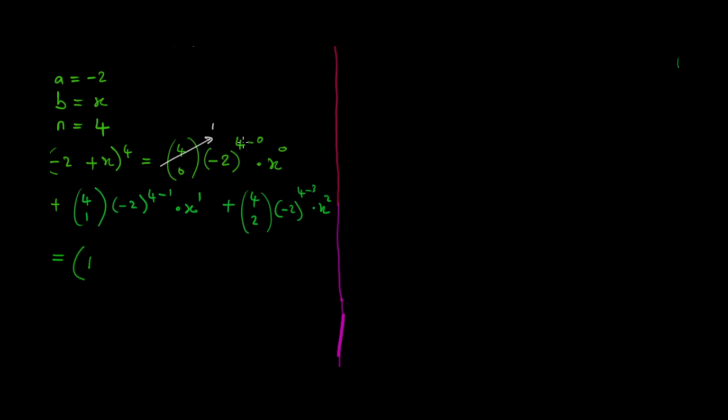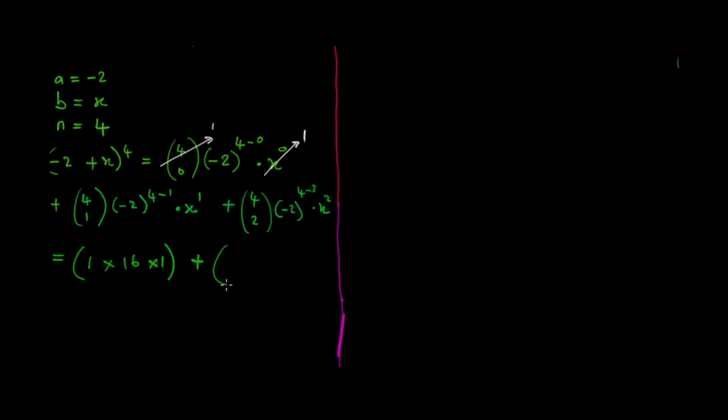So here we are going to be multiplying with 16. Then x to the power 0 we know is 1. Any number raised to the 0 is 1. So it comes out as 1 times 16 times 1. This is our first term.